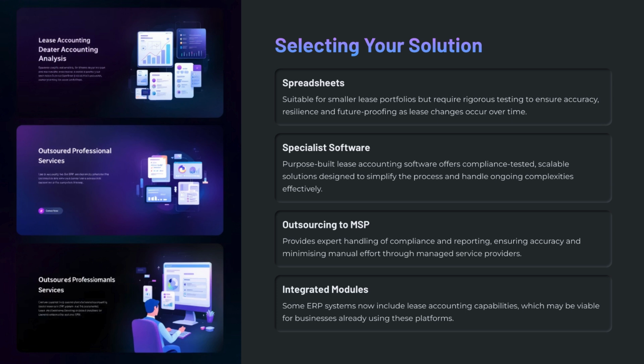Purpose-built lease accounting software is compliance-tested, scalable, and designed to simplify the process. Outsourcing to an MSP. This option provides expert handling of compliance and reporting, ensuring accuracy and minimizing manual effort. Integrated accounting modules. Some ERP systems are expanding their capabilities to include lease accounting, which may be a viable option for businesses already using these platforms.